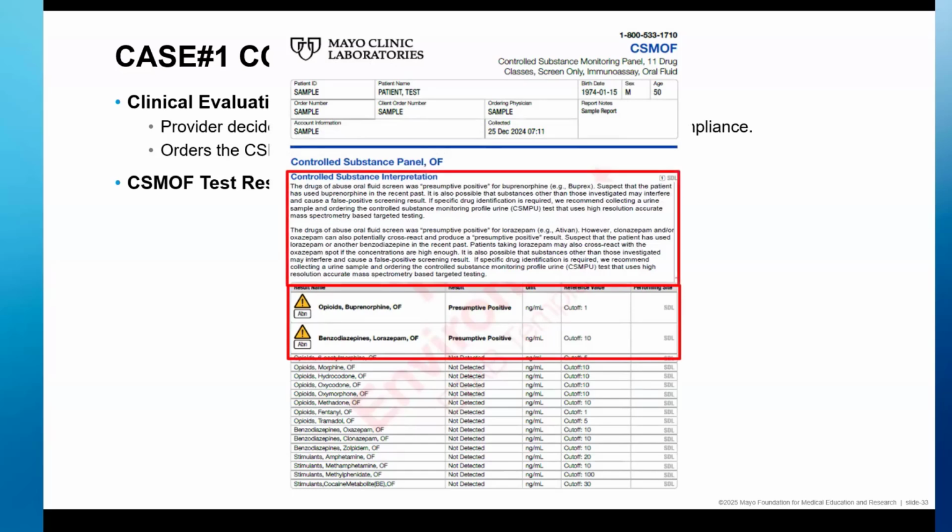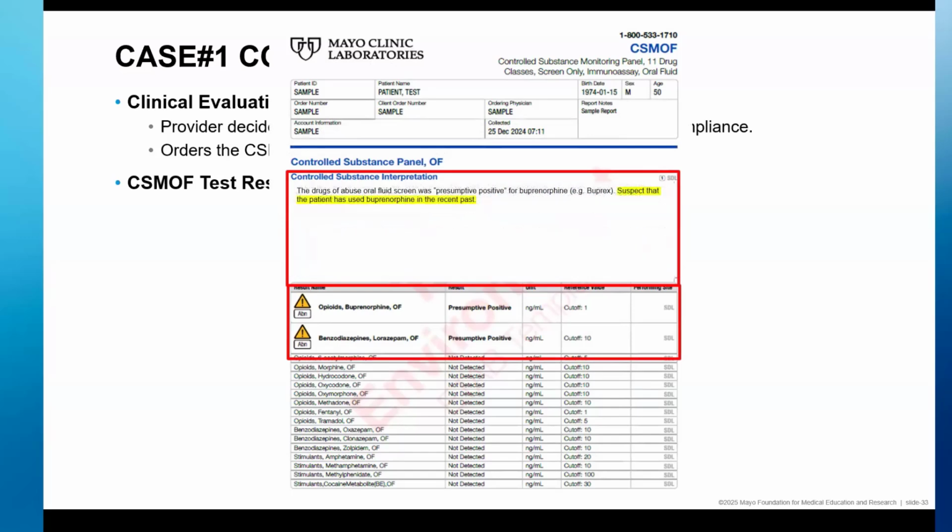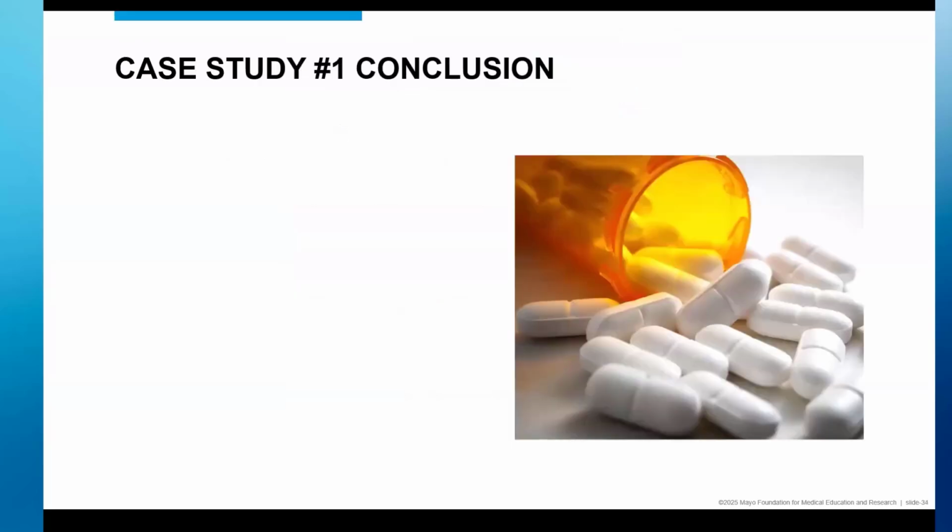And it goes on and gives a very detailed interpretation for each one of those. But to simplify it, the key part is that the drug of abuse oral fluid screen was presumptive positive for buprenorphine. Suspect that the patient has used buprenorphine in the recent past. And the second interpretation says the drugs of abuse oral fluid screen was presumptive positive for lorazepam. Suspect that the patient has used lorazepam or another benzodiazepine in the recent past.